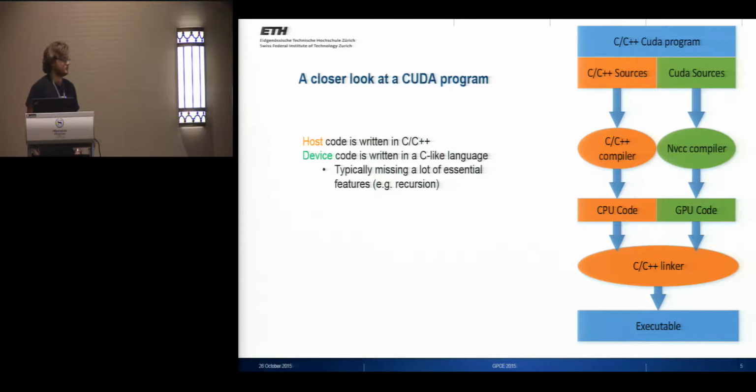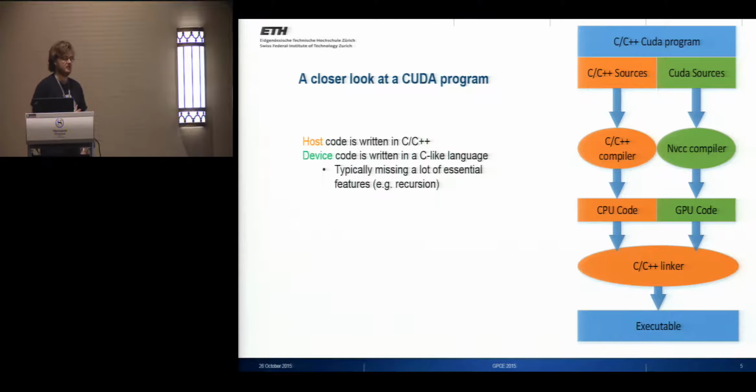If you want to develop a CUDA program, that's how the structure of your program looks. You have two disjoint things. You have source code for host code that is usually written in C or C++, and you have traditional compilation of that code, using a traditional C or C++ compiler and a traditional linker. Device code is written in a sort of C-like language, which is typically pretty restricted, so you don't have a lot of essential features.